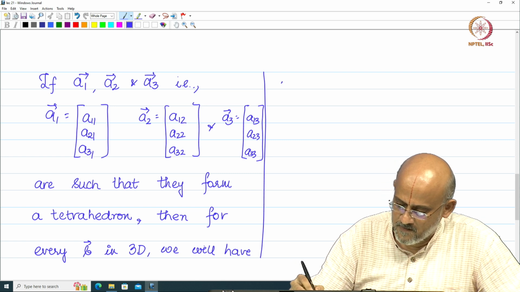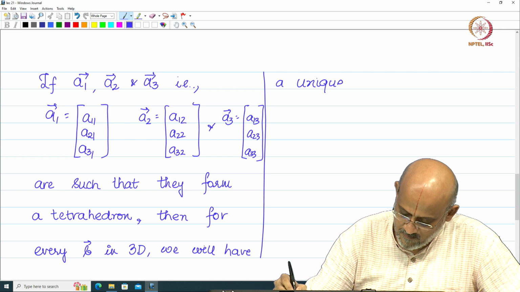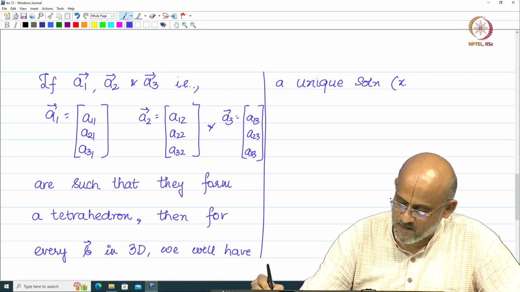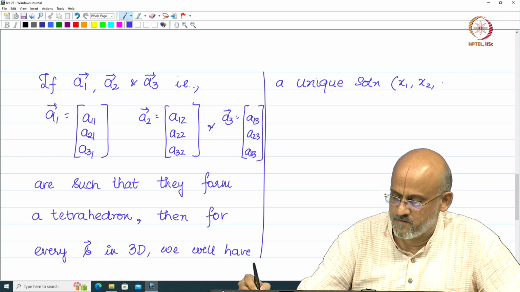We will have a unique triplet, unique solution x1, x2, x3.